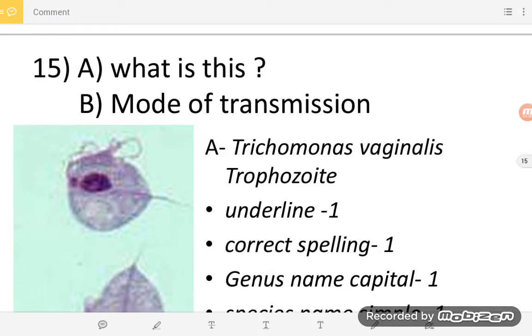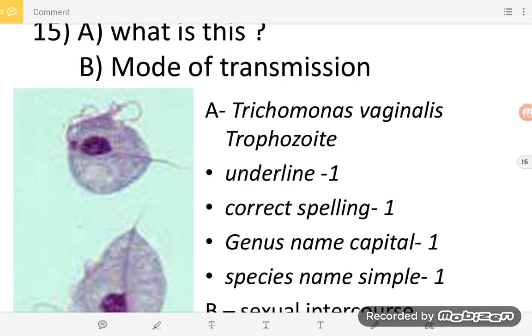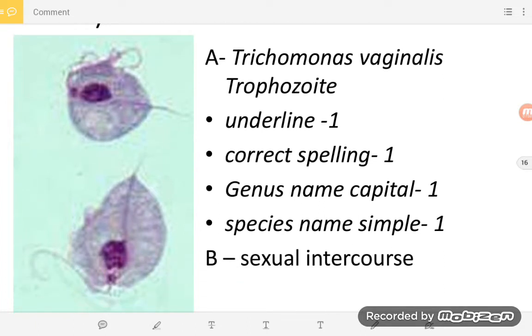What is this? This is the Trichomonas vaginalis trophozoite. The mode of transmission is sexual intercourse. So how do we differentiate it from other species, especially the flagellates? Here you can see only one nucleus.